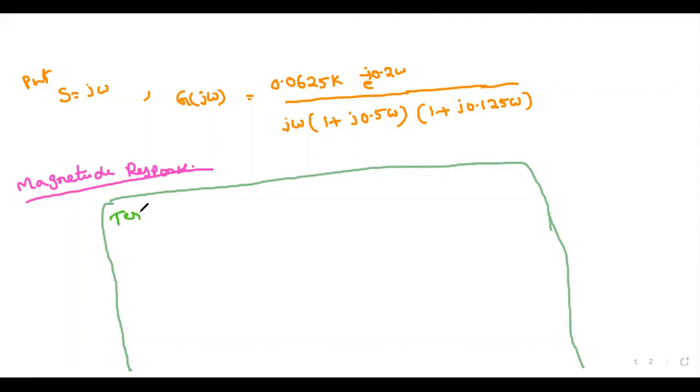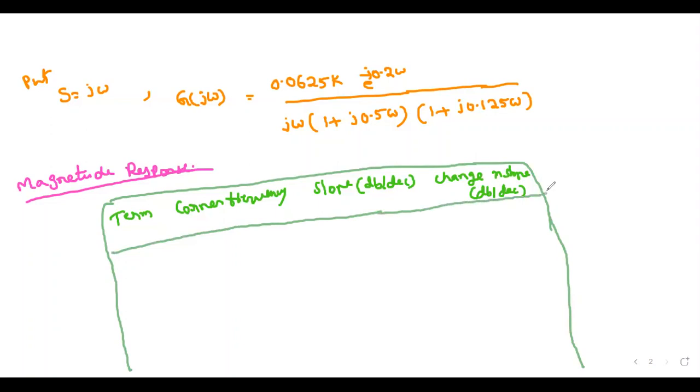First is the term. Next is corner frequency. Next is slope in dB per decade. Next is change in slope, that is also in dB per decade. Okay, done. Now fill the table.